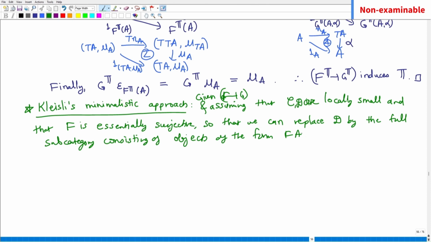Okay, so if such a situation happens, then what can we do? It was just an observation which led to this entire construction.